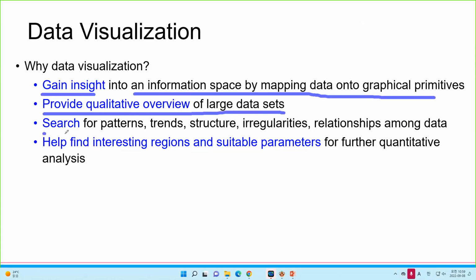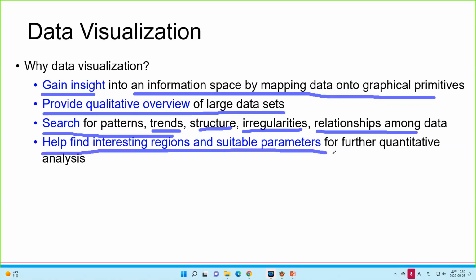And it will search for patterns, or we can see the trends, or maybe we will see the structure, the irregularities, relationships among data. And it helps find interesting regions and suitable parameters for further quantitative analysis. So usually the data visualization will be done first when you want to perform your data analysis.